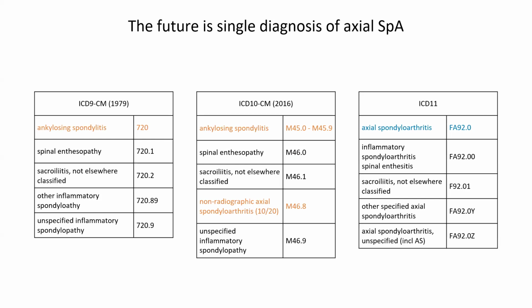Now, here's a slide that teaches us that, when we take care of patients, whether it's in the clinic or in the hospital, and we put in the electronic record our diagnosis code of what we're seeing the person for that day, high blood pressure, diabetes, psoriatic arthritis, axial spondyloarthritis, what happens in the electronic record is that it's populated by these numbers that are part of the ICD system, the International Coding of Disease System.